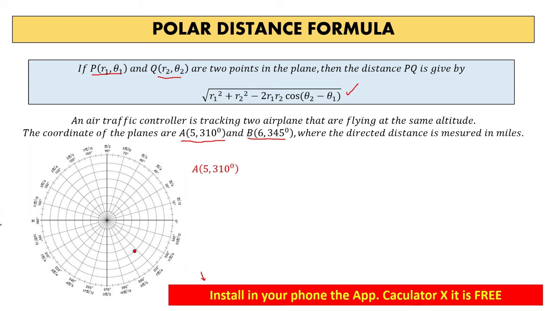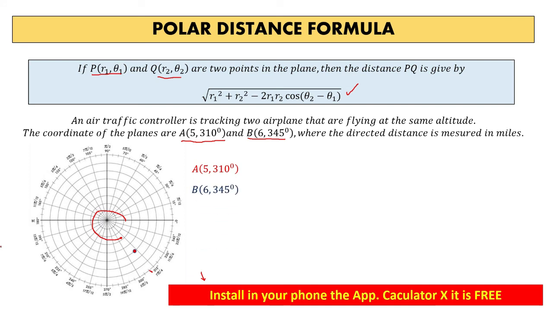It is very close, before 350. This is 350, and 310 is this one. Now this is the angle 310, and r is 5. Now you count 1, 2, 3, 4, and 5. This is 5, and this is the angle. This is the point A.